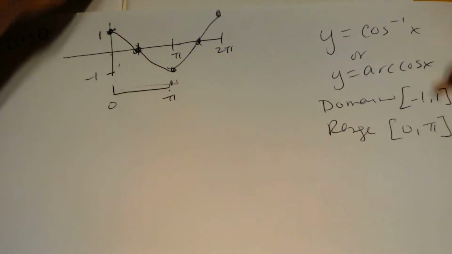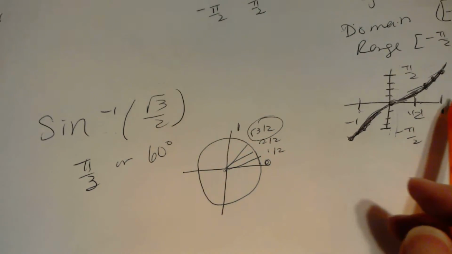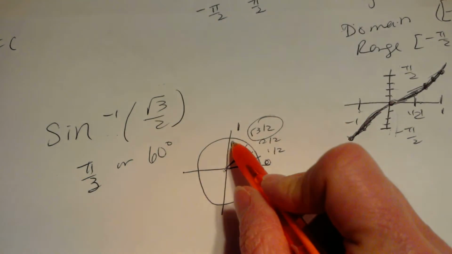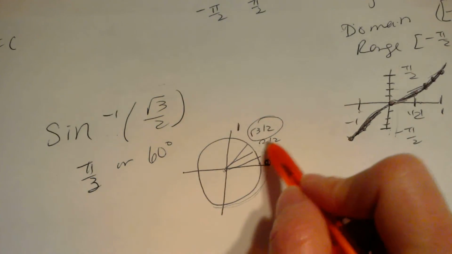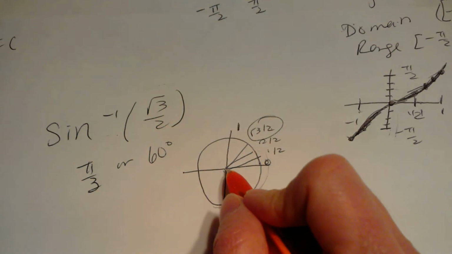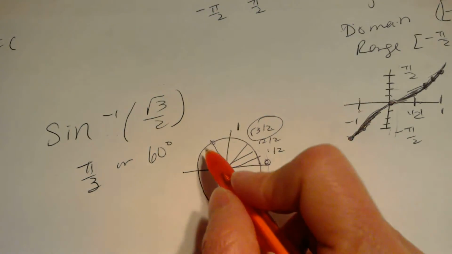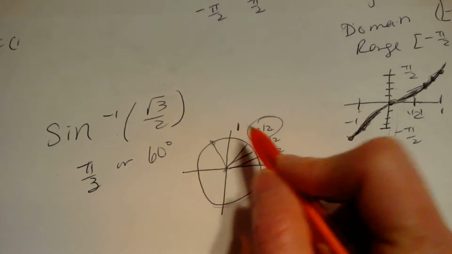Okay, so another thing, going back to this. Now we talked about our range. We restricted our range for sine between negative pi over 2 and pi over 2. So we're looking at this side. So you may have thought a minute ago, well, there's 2 different answers for this because sine's positive would also work right here. Okay, this is also sine of 3 pi over 2, root 3 over 2.